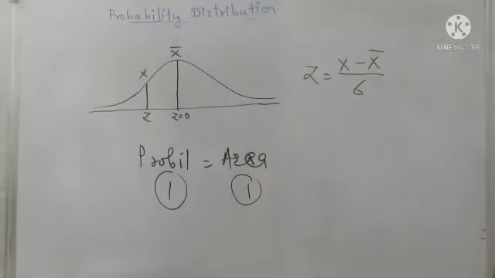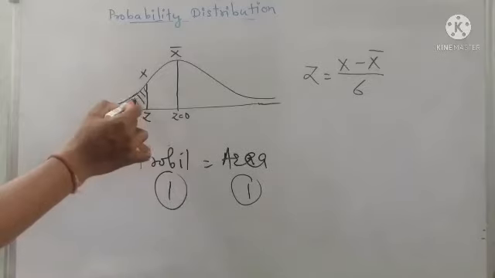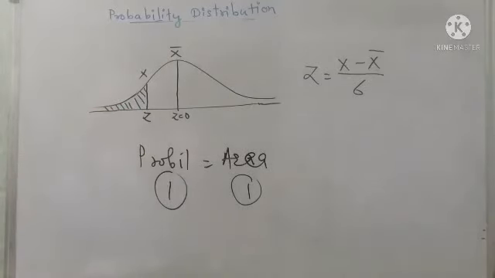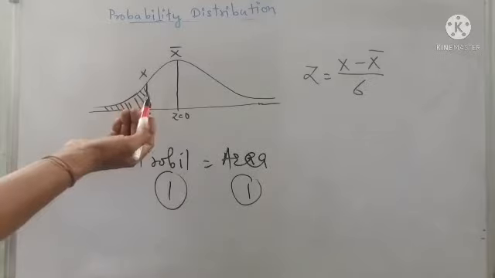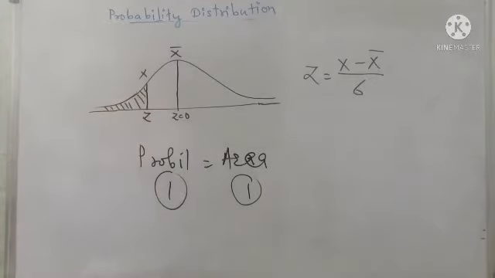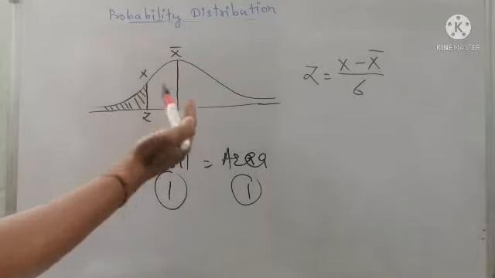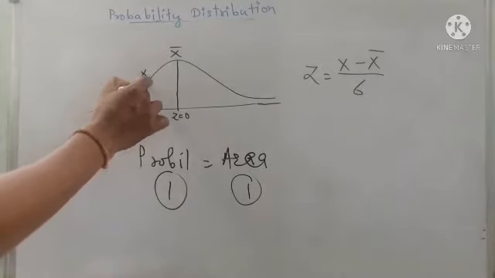Now the area which I shaded here represents the number of variables which have a value less than x. And on the right hand side of this line the area represents the number of variables in a distribution having a value more than x.